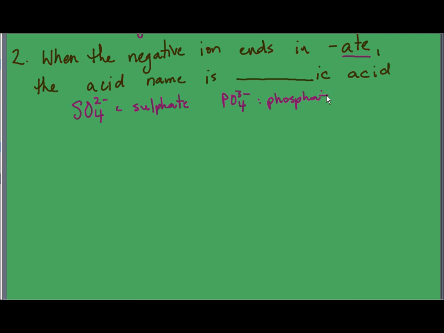Say our acid is one that includes sulfate. It's going to look like H2SO4. If our acid is H2SO4, the regular covalent compound name is going to be hydrogen sulfate, because remember, our polyatomic names don't change. We don't change the ending of them. We see right away that the ending is ATE, so it matches rule number 2. So then we just take this part and put it into this blank. You think to yourself, hey, sulfic acid.